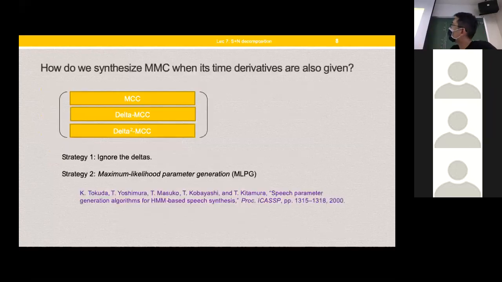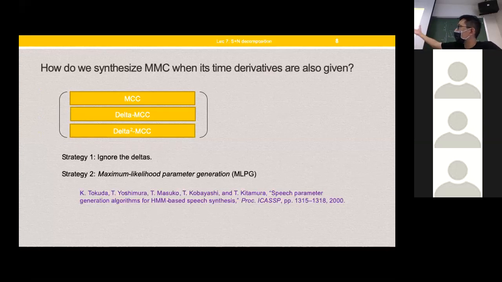So, I summarize: how do we synthesize MCC when its time derivatives are also given? How do we also consider those derivatives? Because MCC itself can do the job already, right?